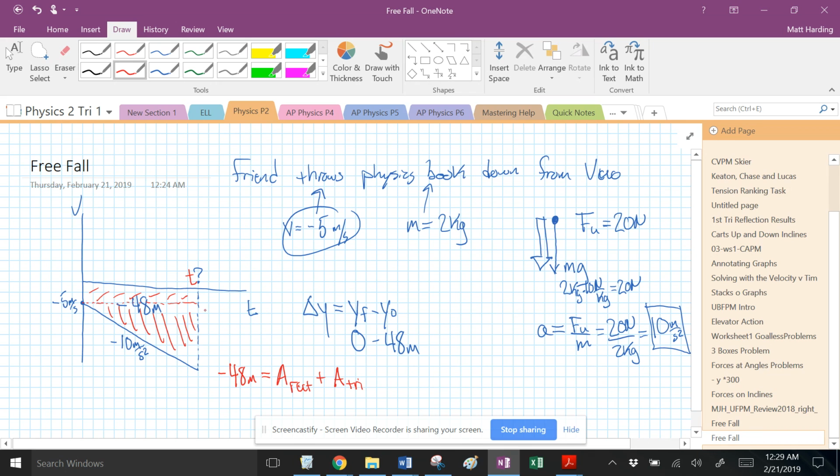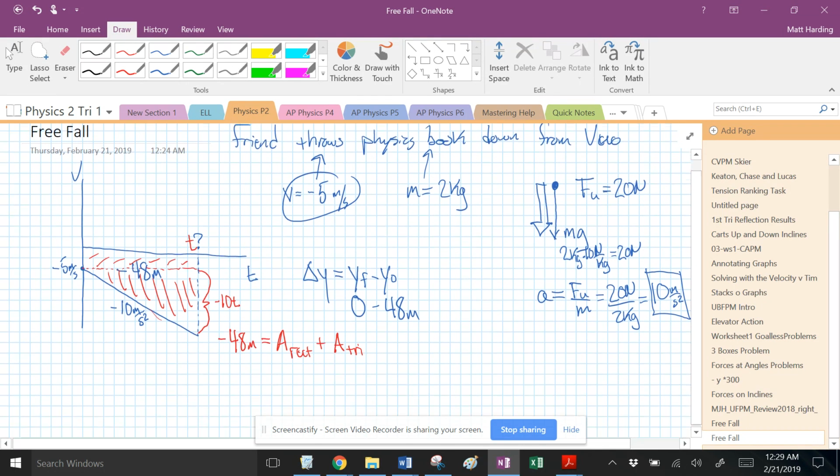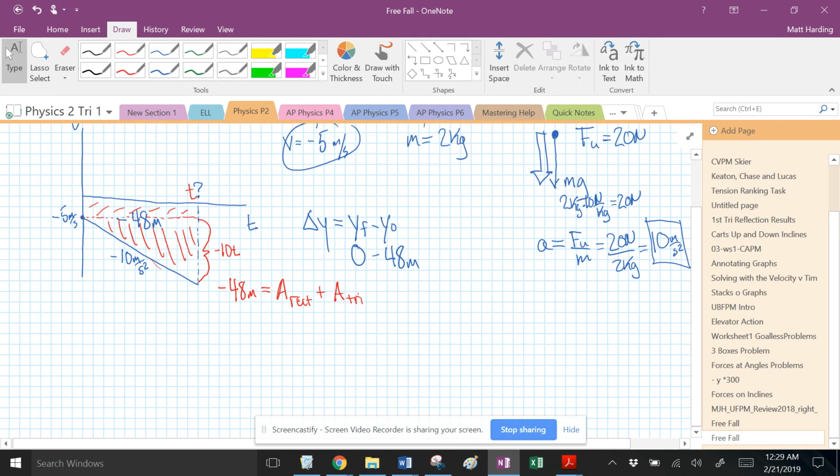Let's use our slope understanding again here. This triangle has a slope of negative 10, so if this is t, then this dimension is negative 10t. Okay, I didn't scale this thing very carefully. So anyways, the area of the rectangle, that's going to be negative 5 meters per second on that side, and then this dimension of the rectangle would be t, plus the area of the triangle.